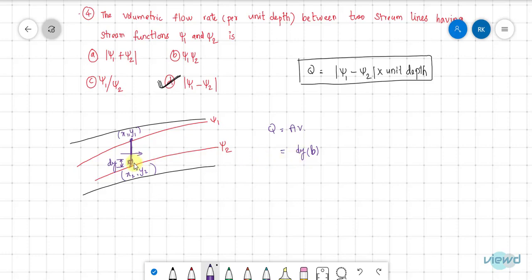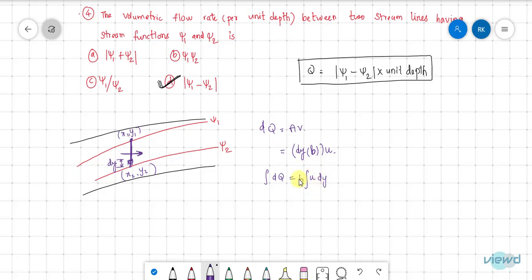That will be inside the screen you are watching. So unit depth is b. That is the area. And what is the velocity? I am considering this side as velocity, so u. This is dq, so that is an elementary discharge. So integral dq is equal to integral u dy.